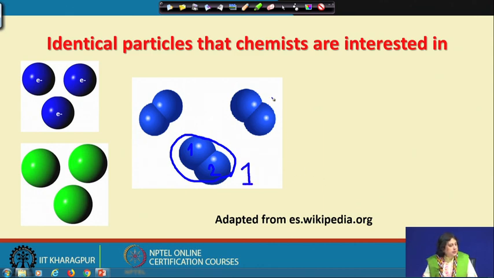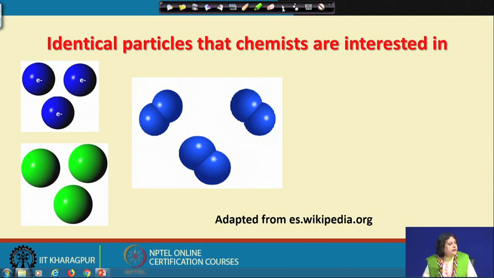Now, if I pick up another molecule like this, and put a label to it as number 2, is there any difference between number 1 and number 2? The answer is no. Therefore, for all practical purposes, if I consider each and every molecule present in a nitrogen gas, I must say that all of them are identical.